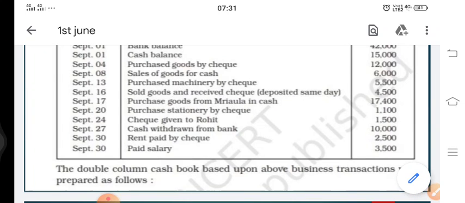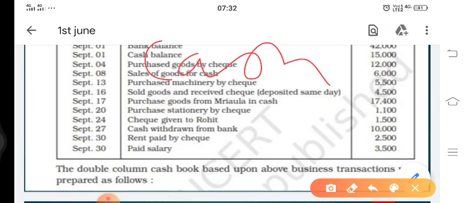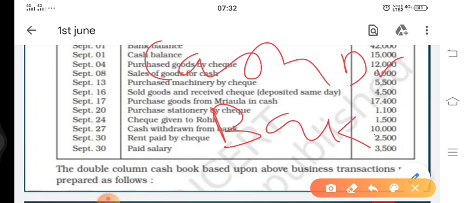Next we have is cash withdrawn from bank. Now it is having a very important, very relevant point. We have withdrawn cash from bank. Now what is happening? Cash coming into the business from bank, which means cash got debited and bank got credited.